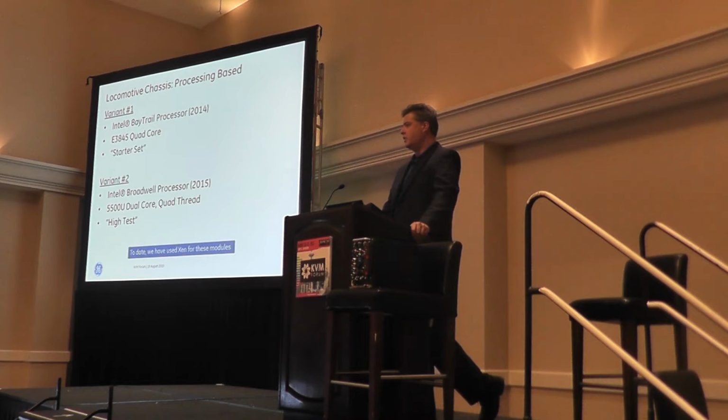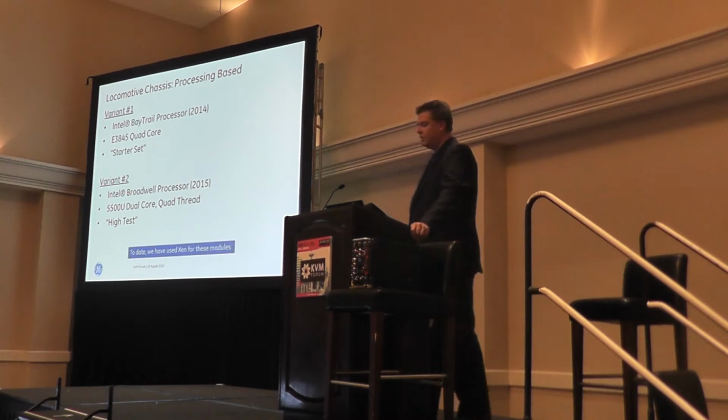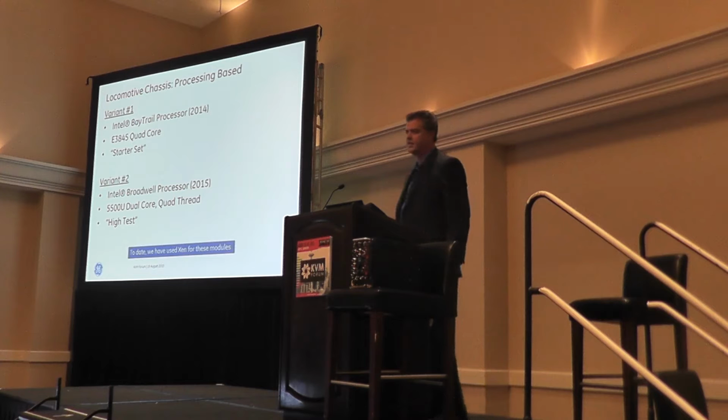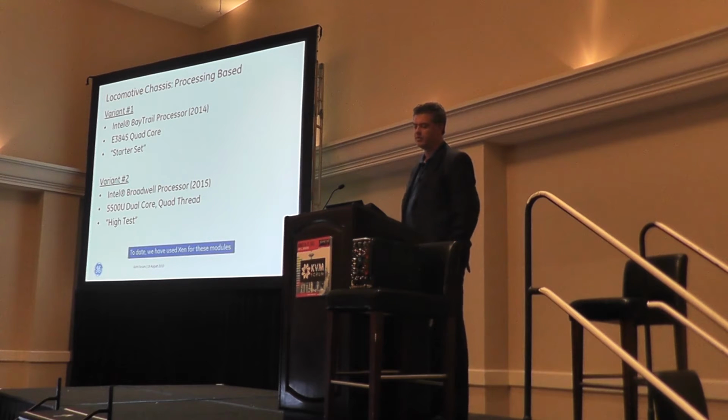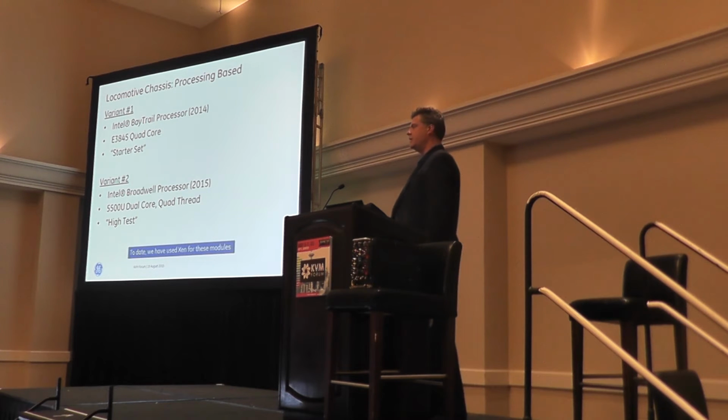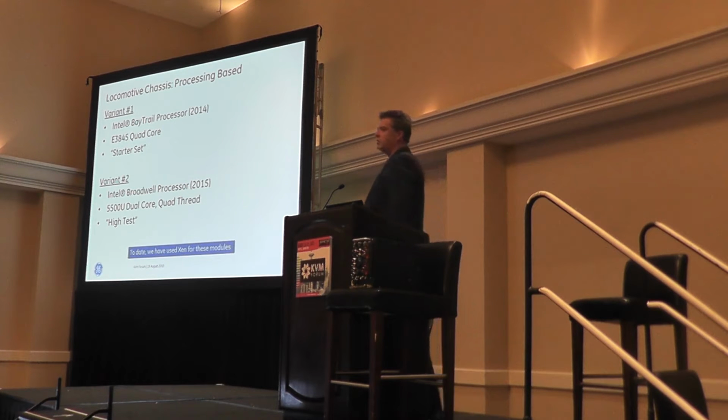Now, one of the things that you'll notice is it's certainly a lot different than the quad core, i7, 32 gigabytes of memory sort of processor lines. And the biggest reason for that is that all of the processors we have in this box, again, with 70 C ambient temperature, there are no fans.